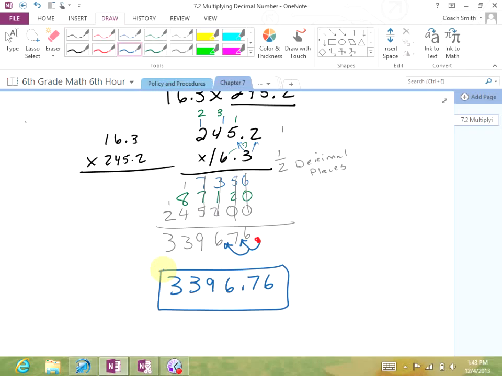Nikki? How did I get the 8? 6 times 2 is 12. Plus, what was I adding to it? Let me see. I have to backtrack. 12, carry my 1. 30, carry my 3. 7, carry my 2. 12, 14.